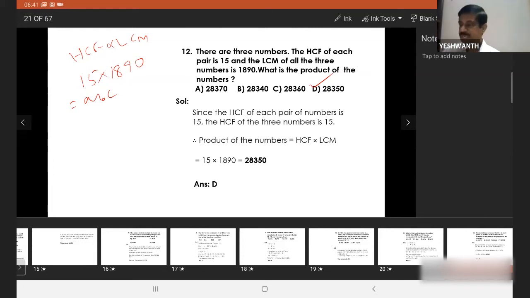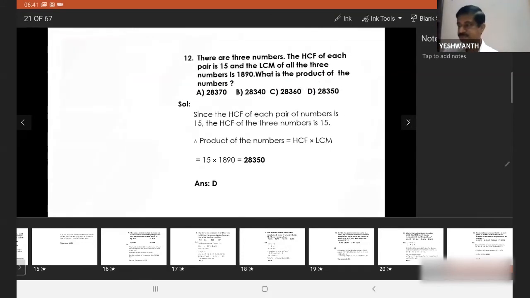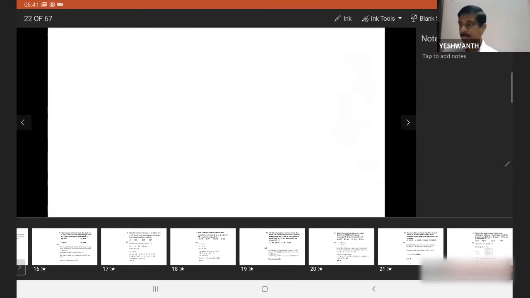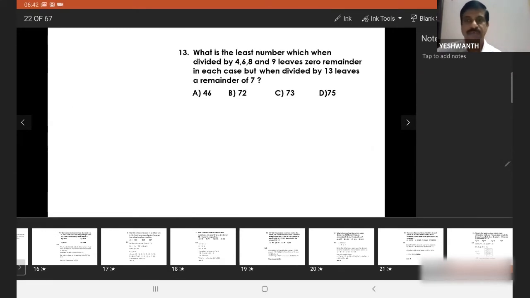Okay, let us go to the next question. So look at this. What is the least number which when divided by 4, 6, 8 and 9 leaves zero remainder in each case, but when divided by 13 leaves a remainder 7?